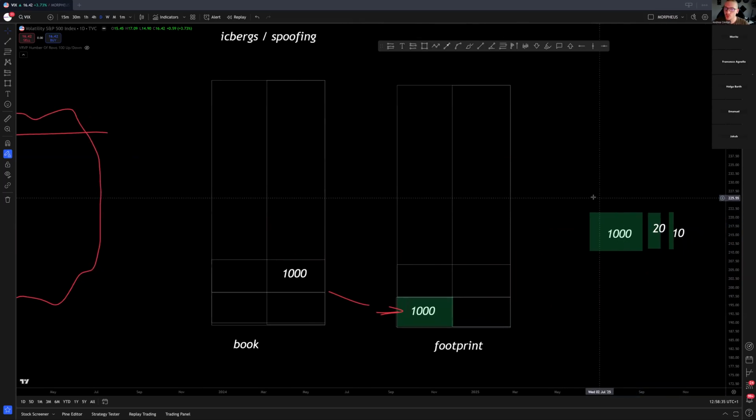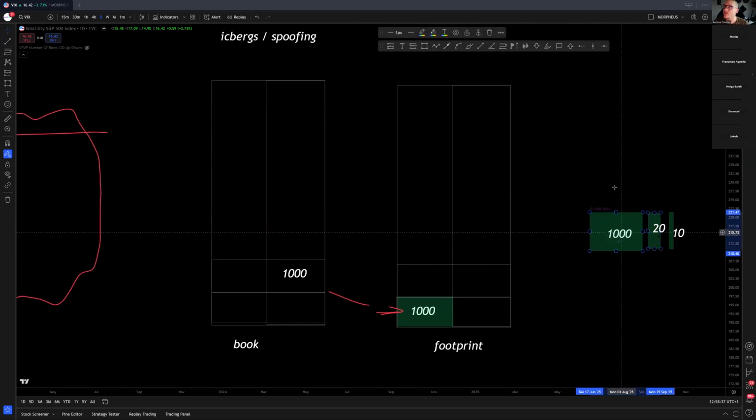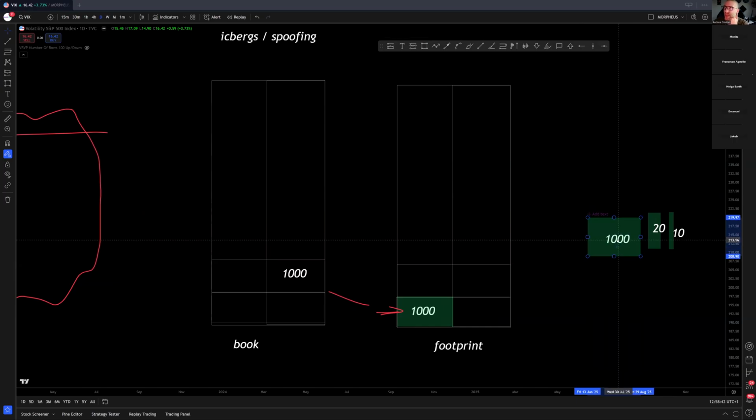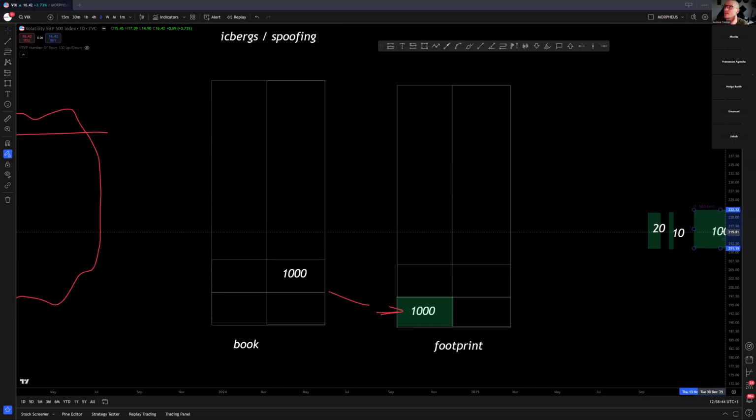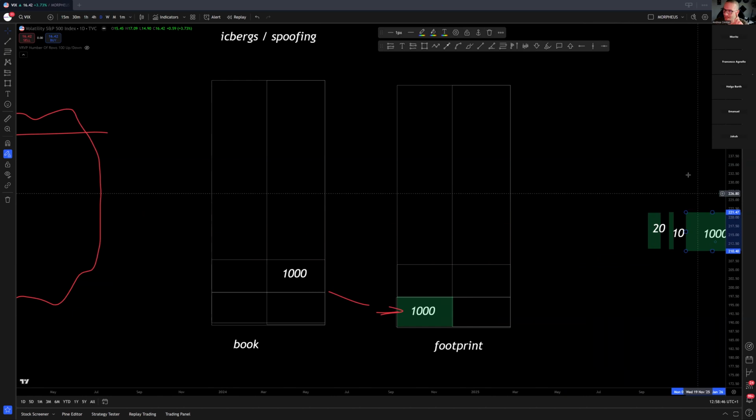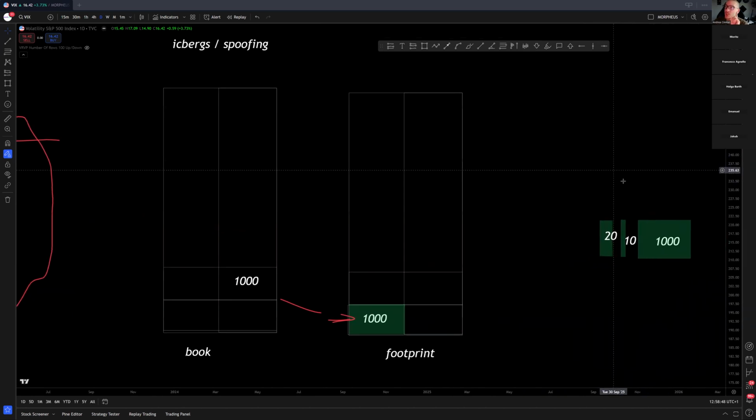So what he will do is delete these 1,000 orders in a matter of a millisecond and replace them. He's going to cancel and replace, cancel and replace. So he makes sure that he's always at the back of the queue and he never gets his order actually filled. Do you understand how crazy this is?